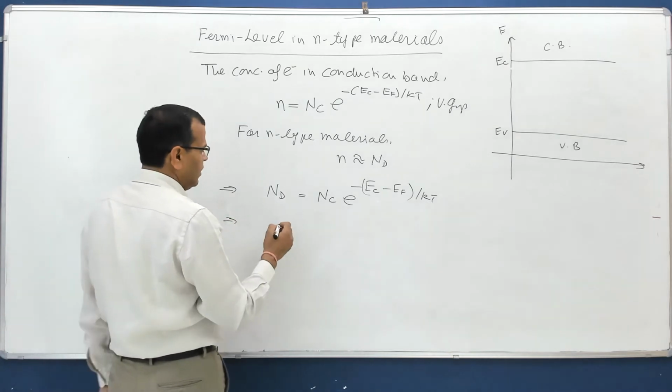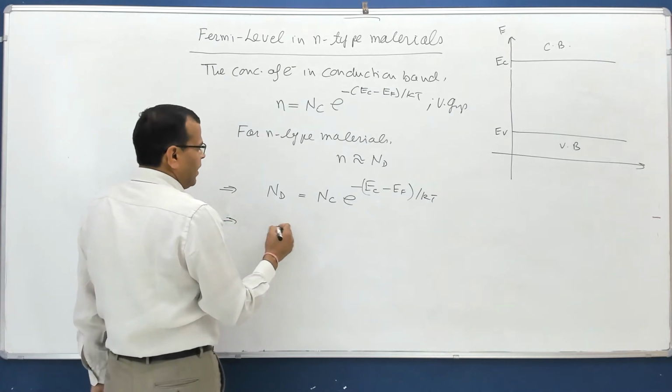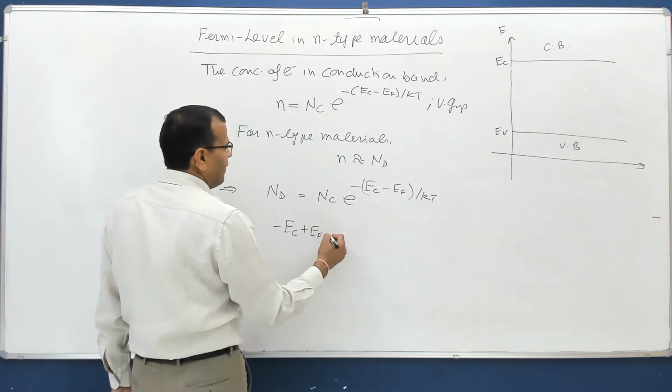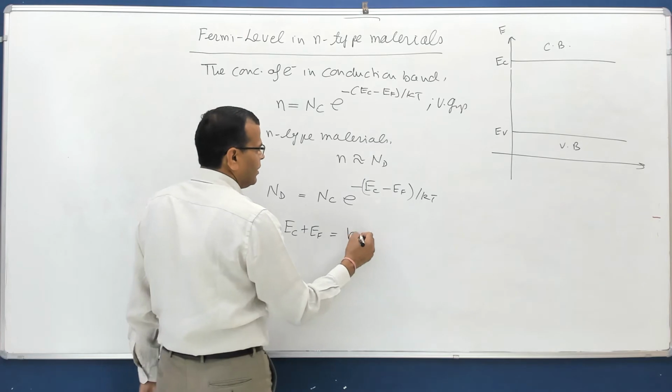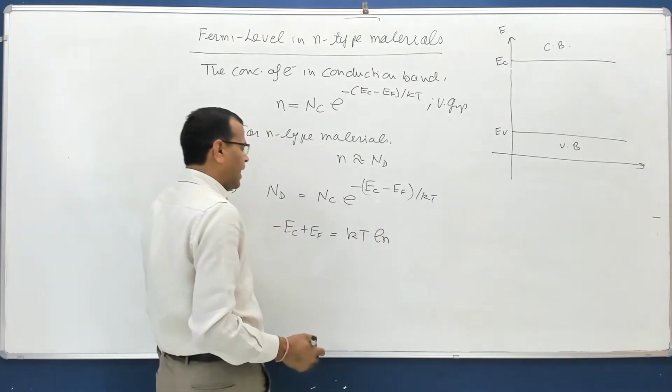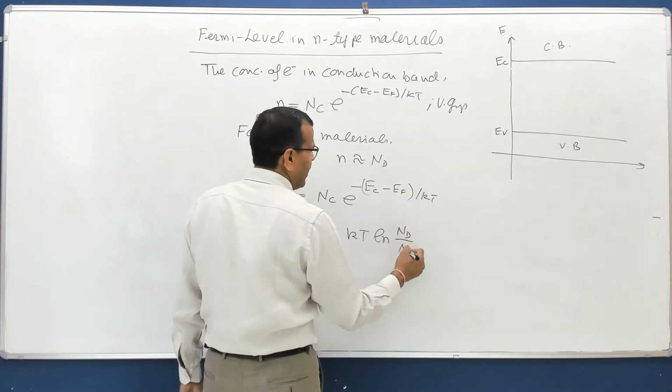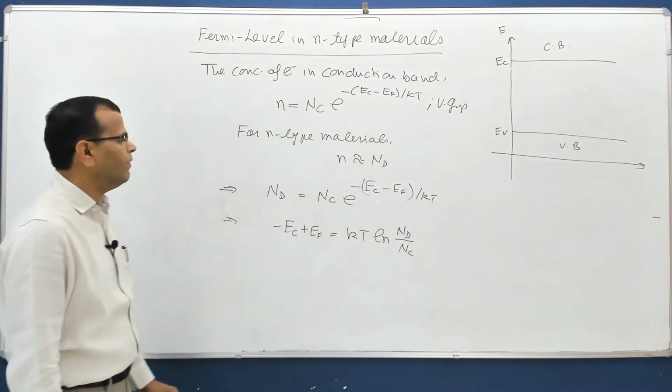This gives what? Minus Ec plus Ef is equal to Kt natural log ln Nd by Nc. That is what you have.